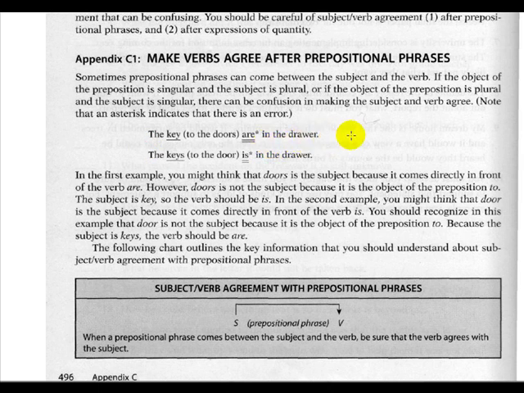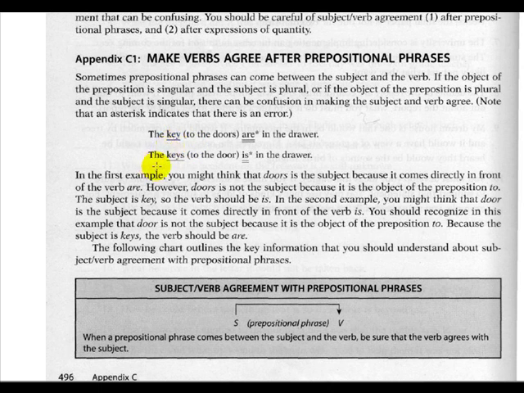Now, as it points out, the asterisk here indicates this is not correct. In this particular case, we have key, which is singular, but the prepositional phrase is plural, to the doors. So are is not correct. It should be the key to the doors is in the drawer, because is the singular form of the verb and key is singular.